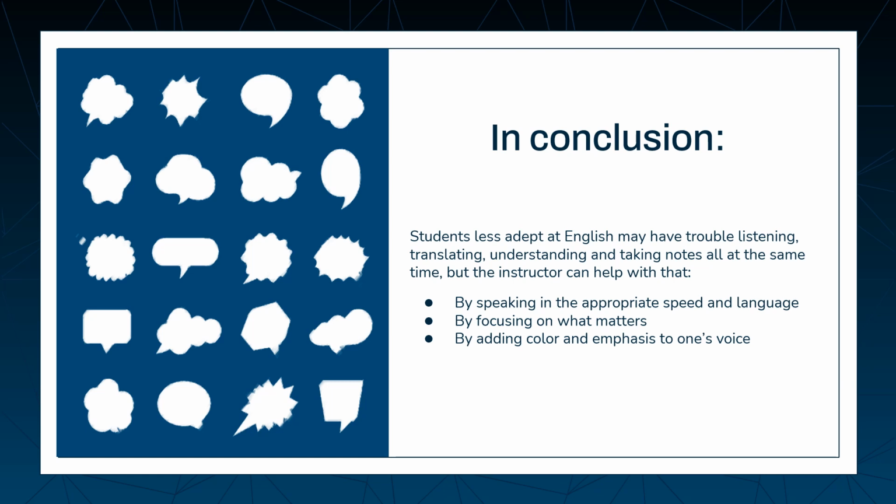By focusing on what matters, so that what they do make an effort listening to and understanding is actually what's important for the course material, and by adding color and emphasis to your voice, adding emotion, raising volume when necessary, pausing in tactical places. All of these, of course, will not suddenly make your students know English better, but it can help them understand you better.